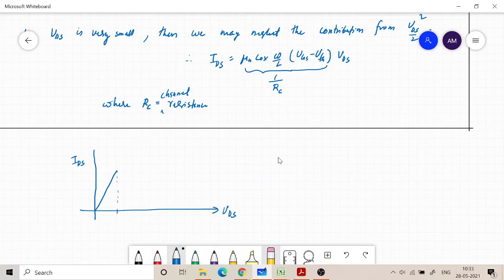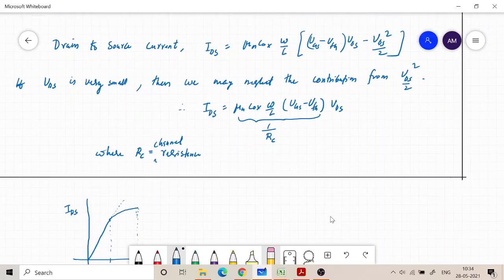So it was supposed to go like this as a straight line, but then it will bend, and as the voltage increases, that term is going to become more and more prominent. At some point, the two terms are such that the increment is going to become 0.